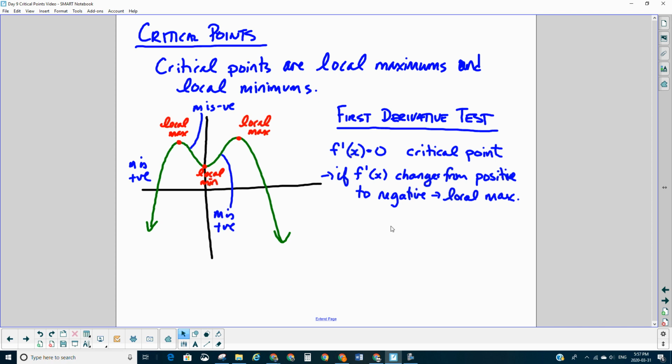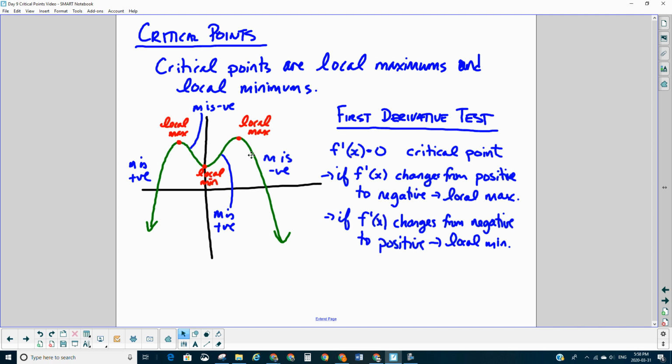So if the tangents go from negative to positive, then we know that we have a local minimum. And in this example, we've got another maximum. Before it's positive, after it's negative, so we go from positive to negative, which means that must be a local max. So this is the testing we'll have to do on functions when we don't know what the shape is, or maybe we only have one point and it's hard to tell if it's a local max or local minimum. We'll be doing this first derivative test.